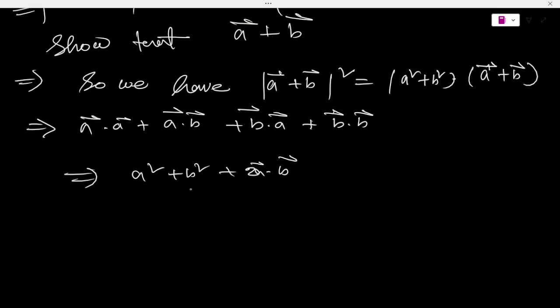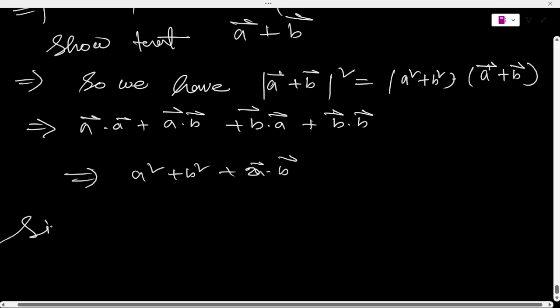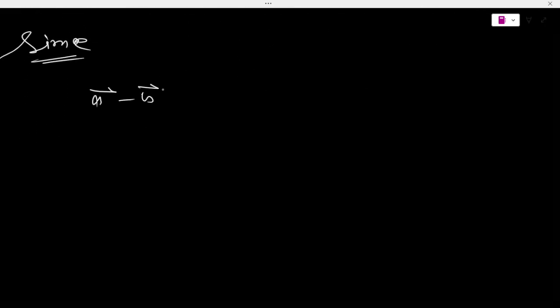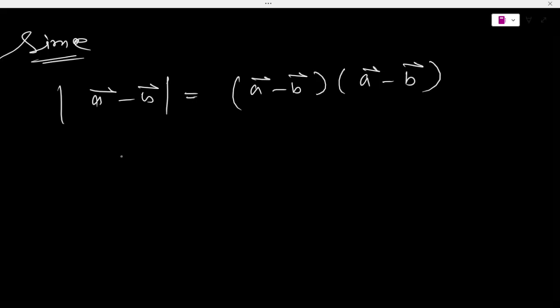Similarly we have to find a minus b whole squared, which is a squared plus b squared minus 2 a dot b.